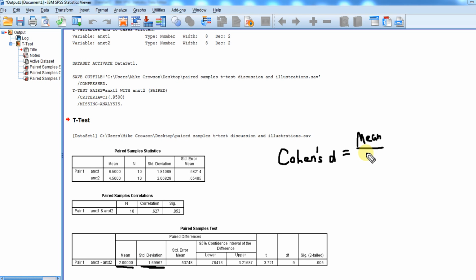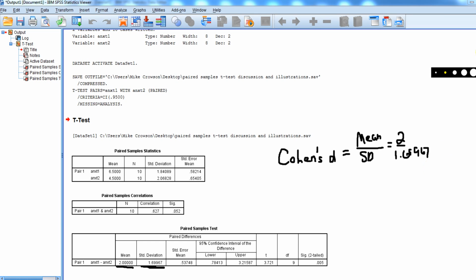So to compute Cohen's d in this example, we would take 2 and divide that by 1.6997. I guess we're not going to round off, we'll just go with that.